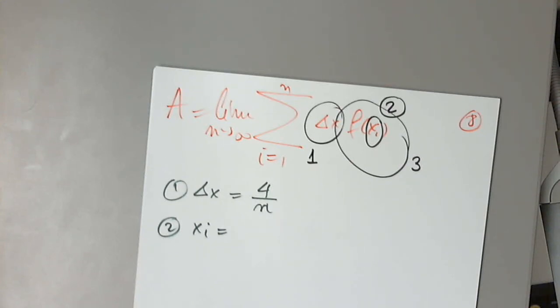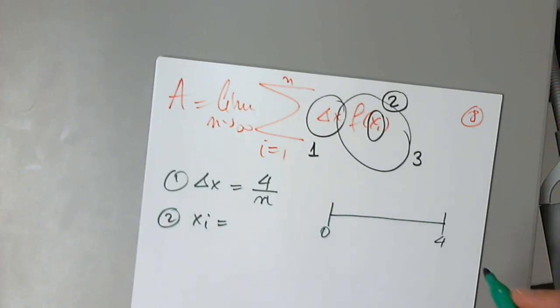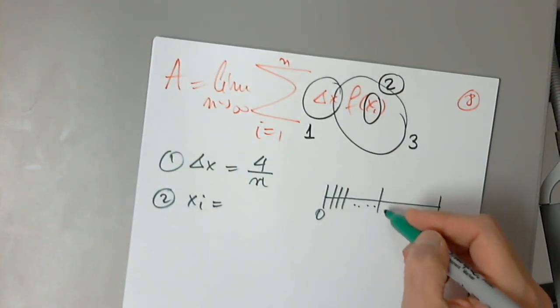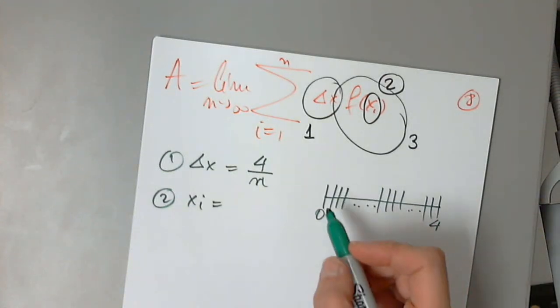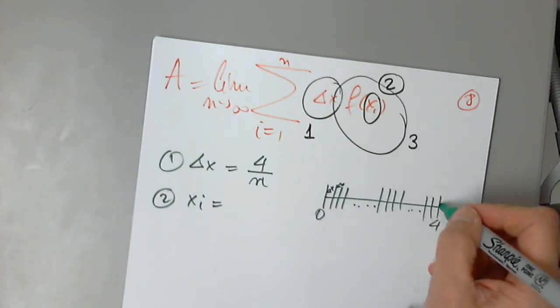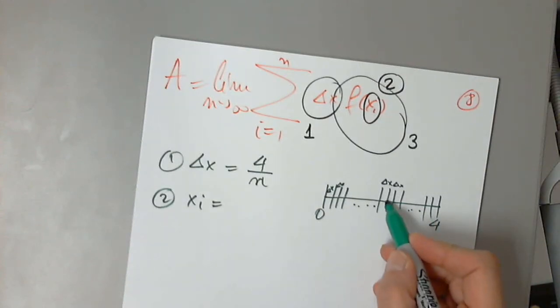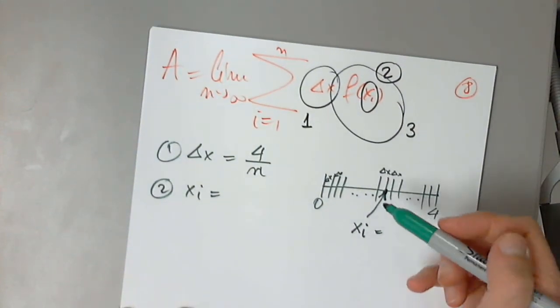So let me explain again what xi is. Again, the interval is between 0 and 4. This is the first subinterval, second, third, dot, dot, dot, right? So this is delta x, this is delta x. Everything between these bars is delta x. That's the width. So I'm asking myself, what does the generic one equal?